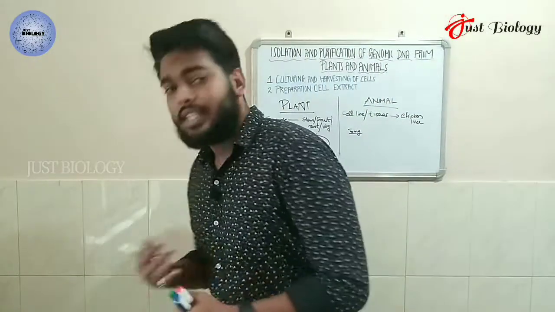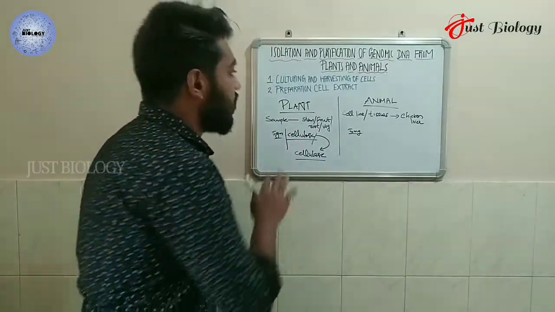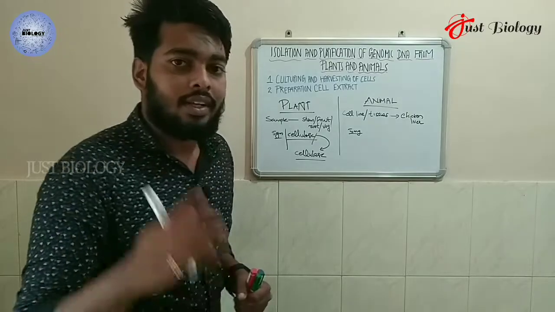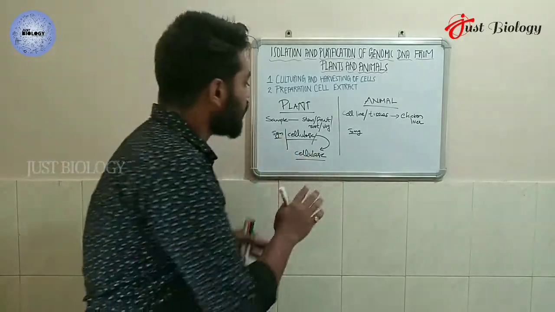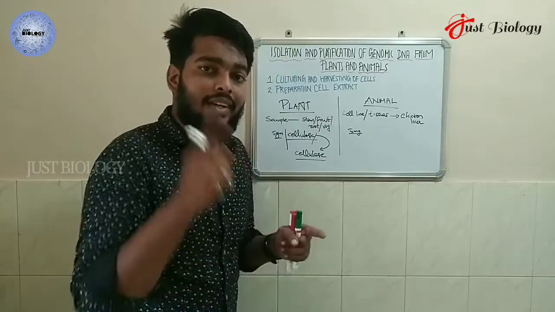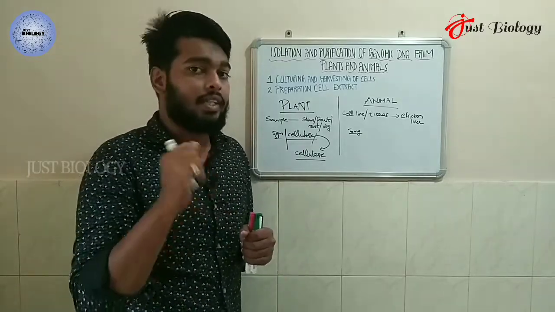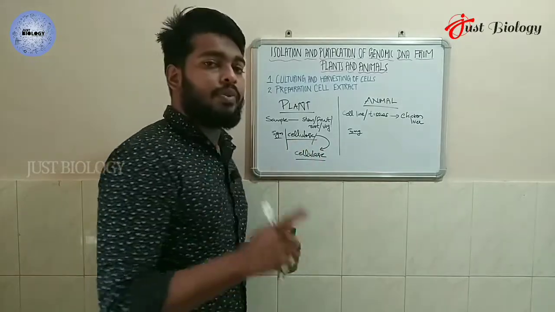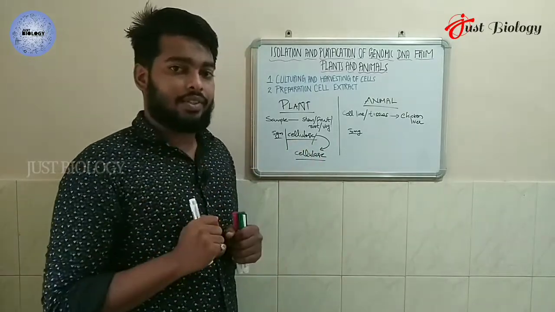Then we will get the entire cell content and easily access the nucleus. Along with the degradation of the cell membrane, NaCl will also degrade the nuclear membrane. Remember, it does that job as well.